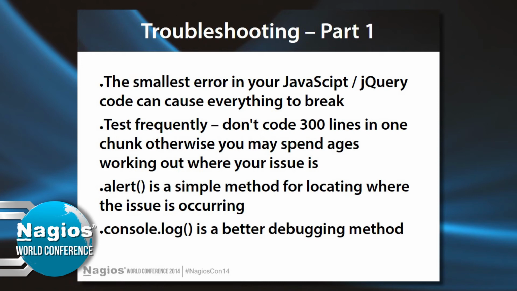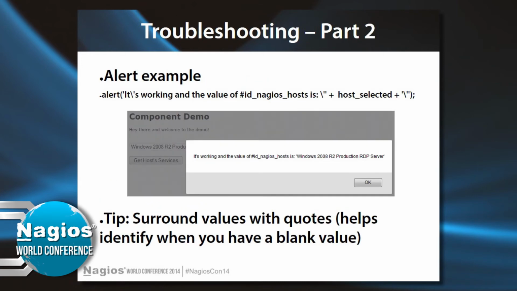Another one is console.log, which is a better method altogether. So very quickly, here's the alert example, where I'm actually alerting the value of something, and I've included some quotes around the value so I know there's actually a value there. Because sometimes you try to alert something, you just get an empty window. So if you put quotes and there's nothing in the quotes, you know there's no value you retrieved.